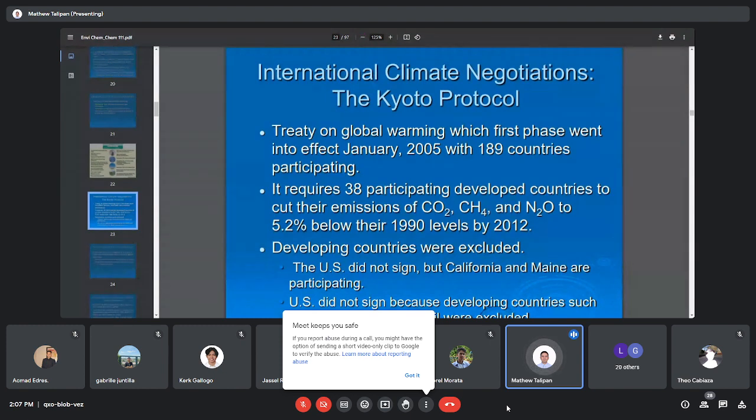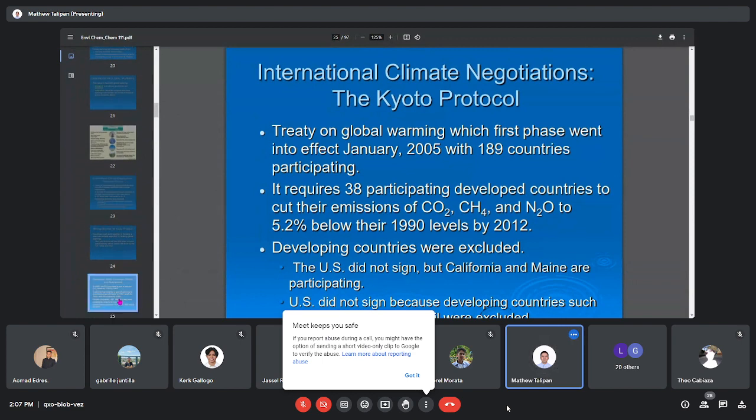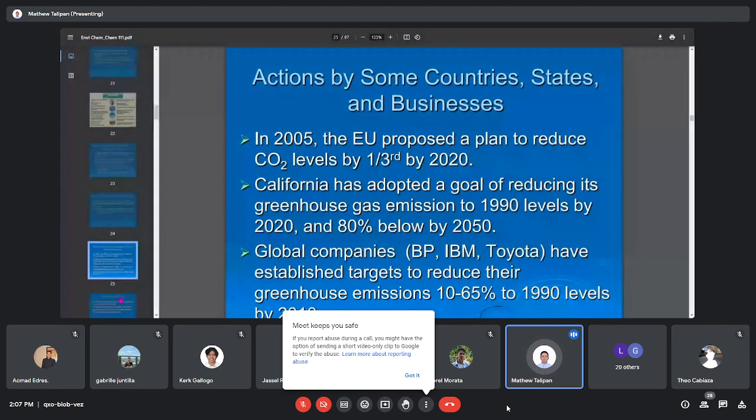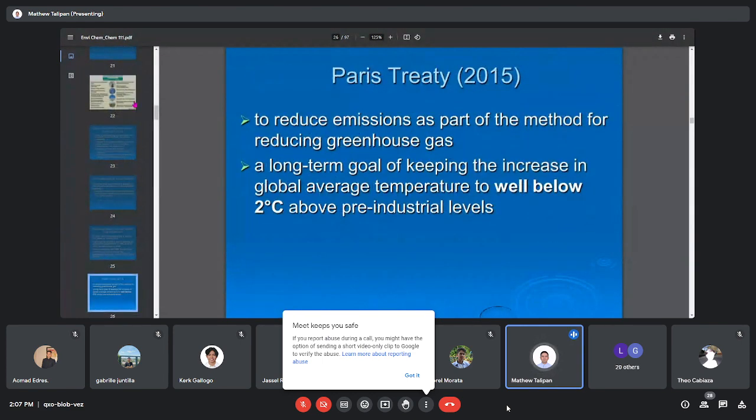This was done in the agreement known as the Kyoto Protocol. Most of the countries have agreed to cut back their carbon dioxide emissions levels, and this protocol has been strengthened with amendments with the European Union in the Paris Treaty Climate Change Agreement.